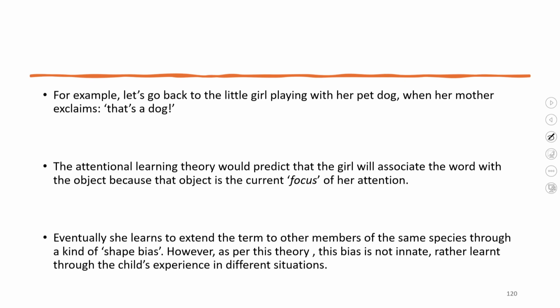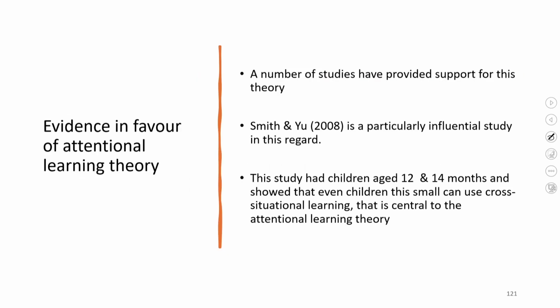Eventually, she learns to extend the term to other members of the same species through a kind of shape bias. However, as per this theory, this bias is not innate, rather learned through the child's exposure to different kinds of scenarios. One very interesting study that provides proof for this theory is by Smith and Yu.